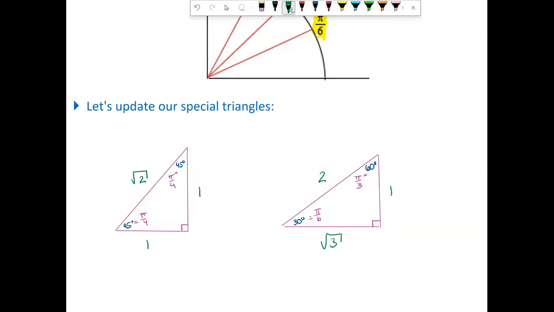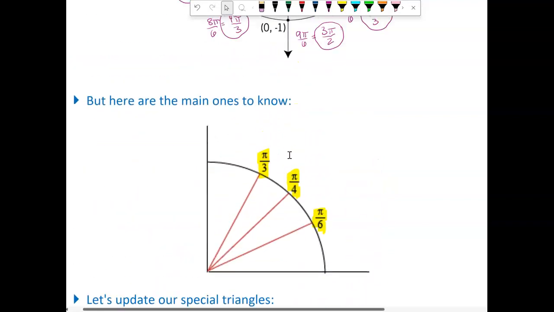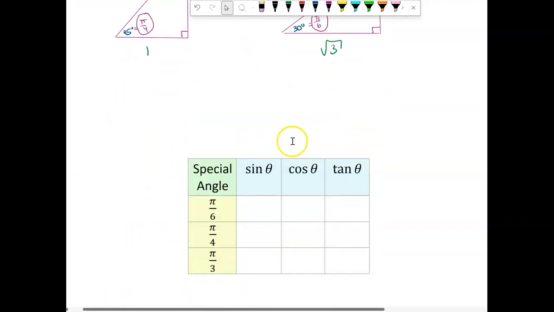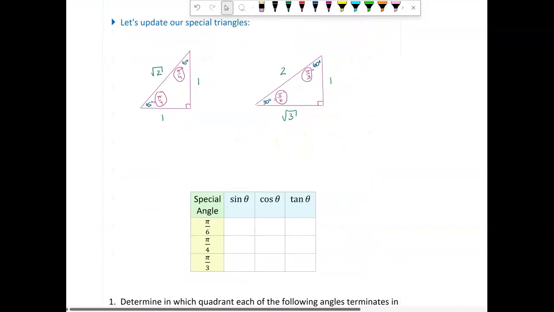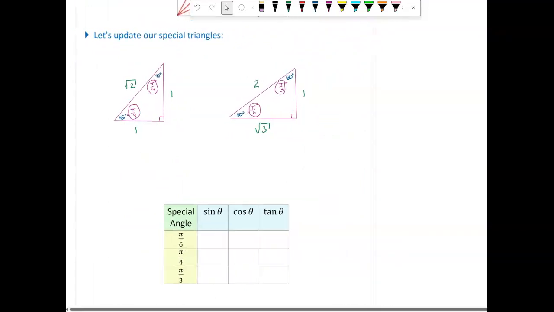Okay, and so now we've got our pi over 6 is on the same side, adjacent side is pi over 3, which was before 30 degrees. So you kind of need to know these when we talk about exact values. So we need to have a good understanding of how to convert those special triangles for sine, cos, and tan.